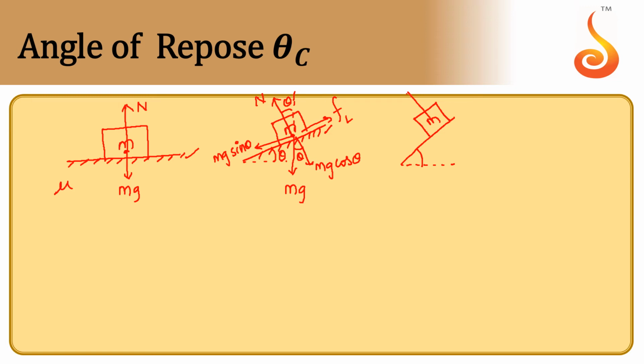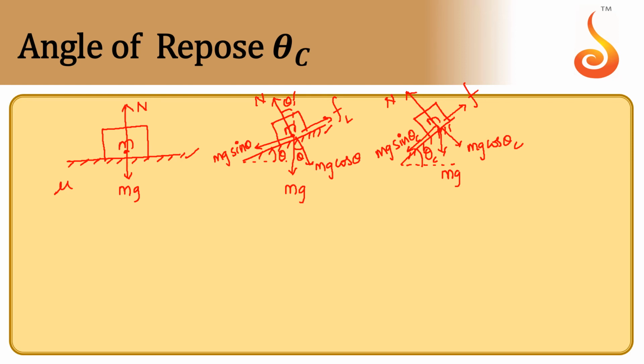so this will be the normal reaction, and frictional force will always act in the direction opposite to its motion, and its own weight will act downward, that is mg. And if this is theta c, this will be mg cos theta c, and this will be mg sin theta c, where this theta c is nothing but the angle of repose.